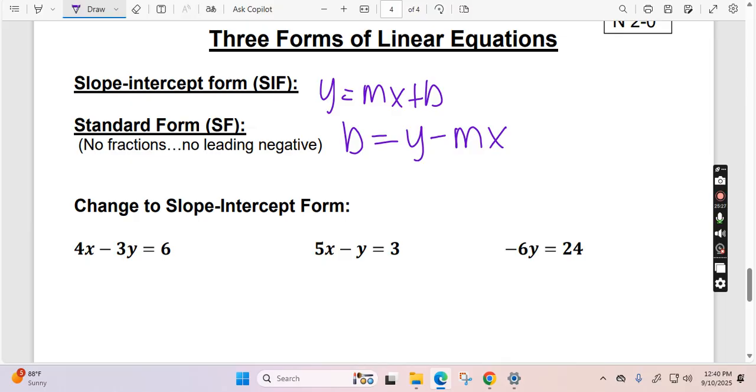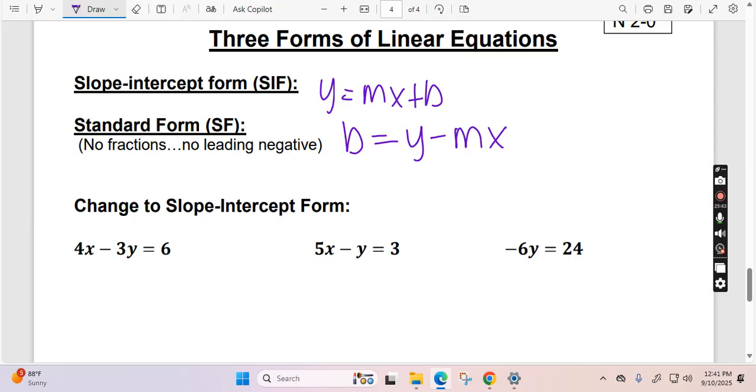Standard form is when your variables are both on the same side of the equal sign, either the right-hand side or the left-hand side. That's all you need to know for standard notation.